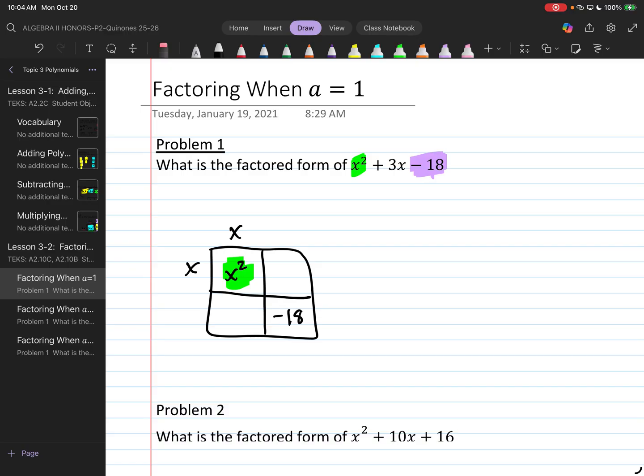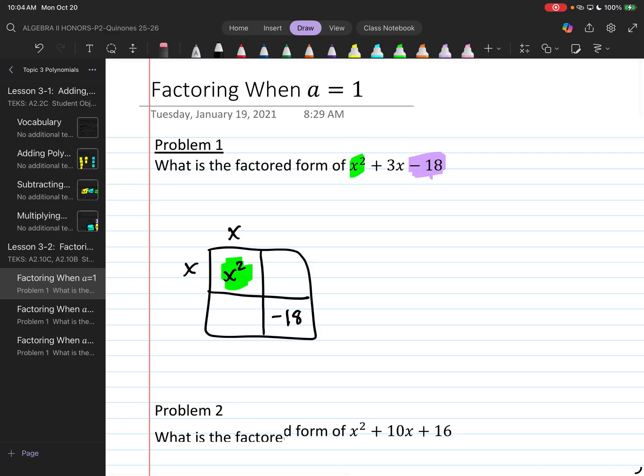Now, let's review. I need to figure out what multiplies to give me negative 18. So we need to factorize real quick. We have negative 1 times 18, and then negative 2 times 9.